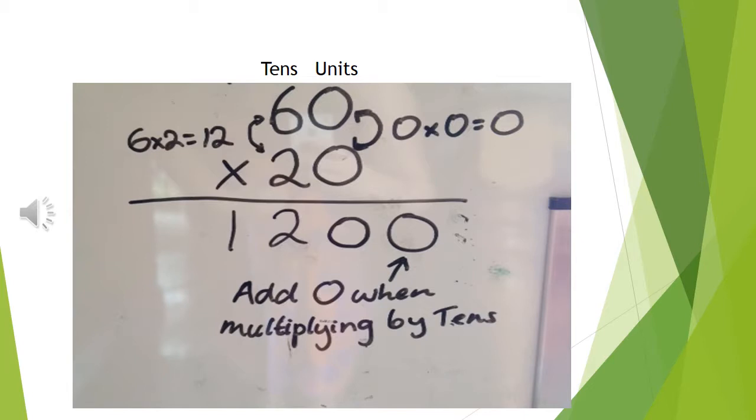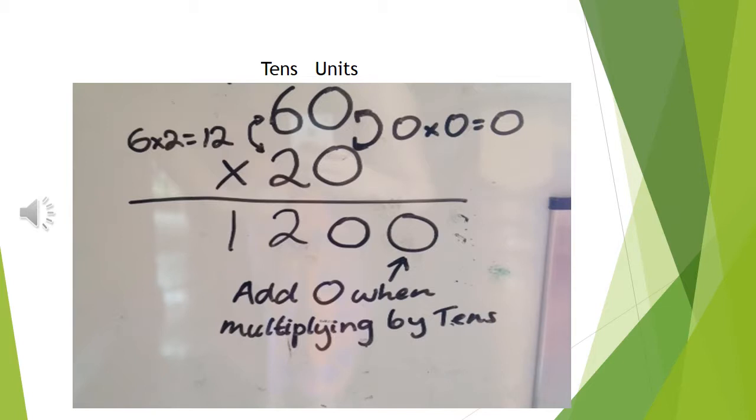It helps when multiplying an equation to form a simpler problem by breaking the equation down. So we know that 0 times 0 equals 0, so you place a 0 in the units column. Now move to the tens column. 2 times 6 equals 12, so place a 12 in the tens column.